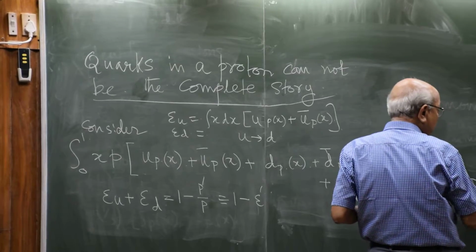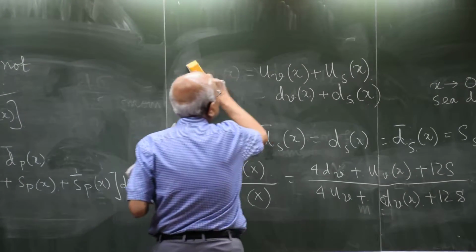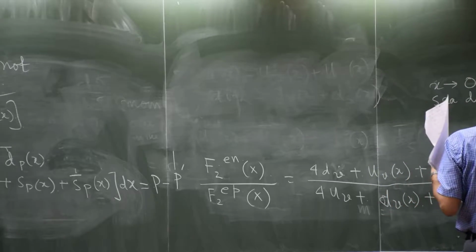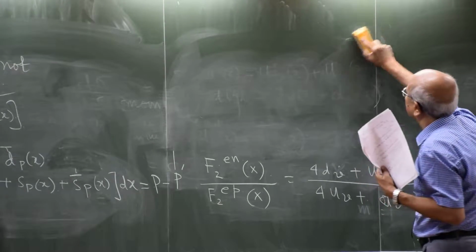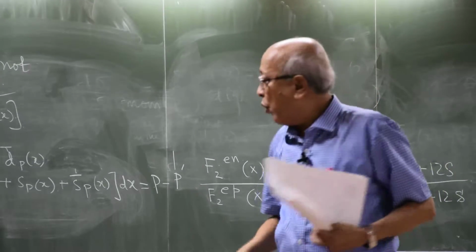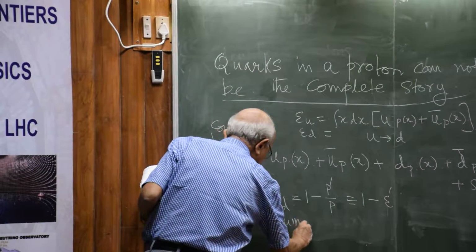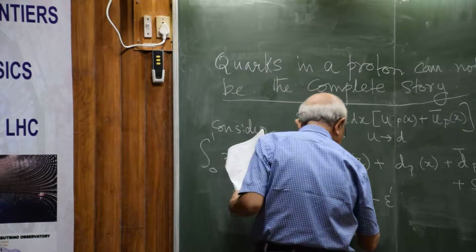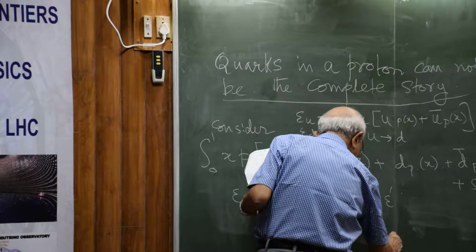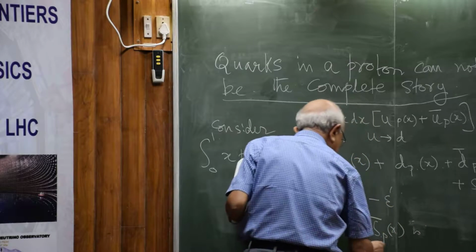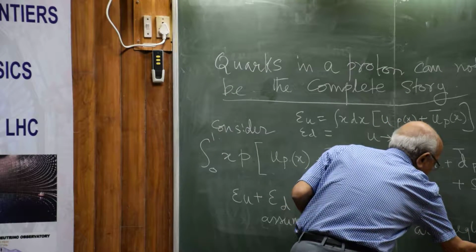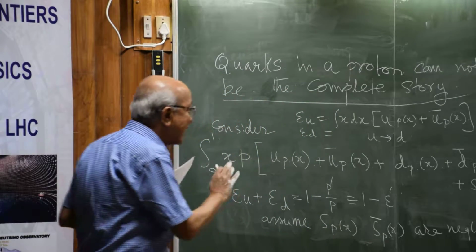Now let me go through the formula of F2 here and F2 here, and that will give me... oh, I must also tell you that here I assume this is the so-called valence quark dominance.